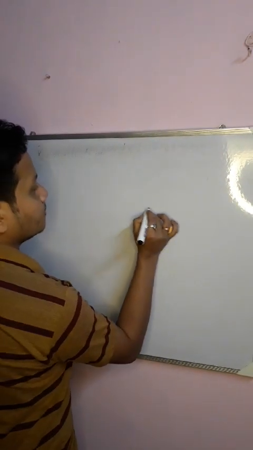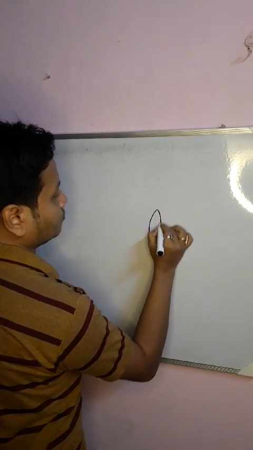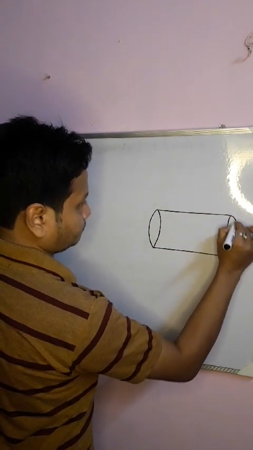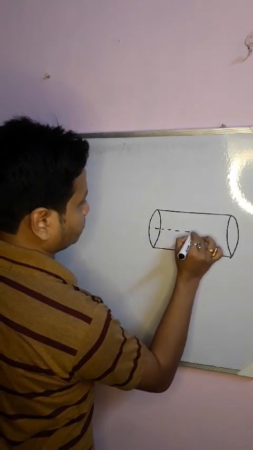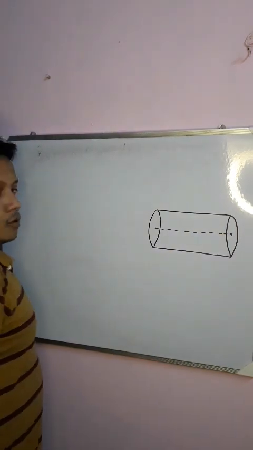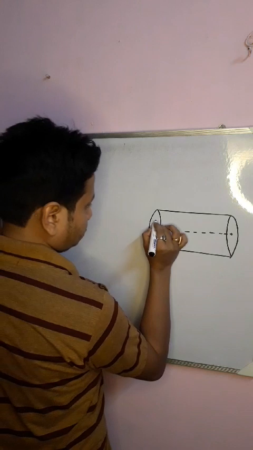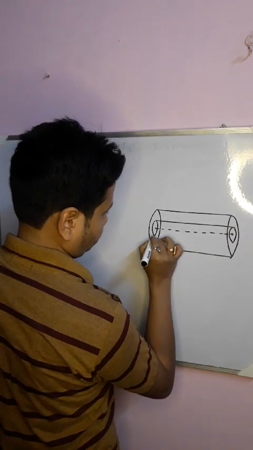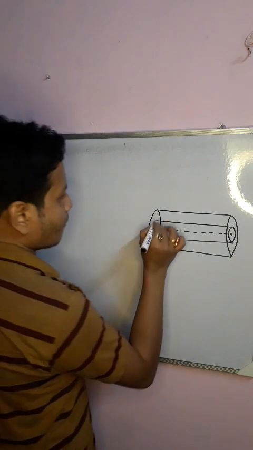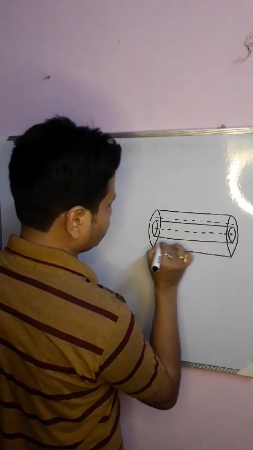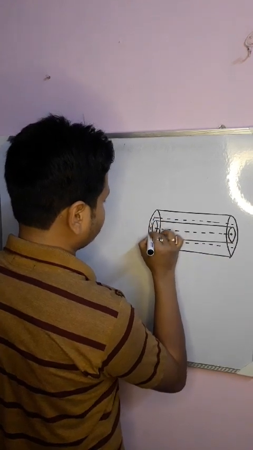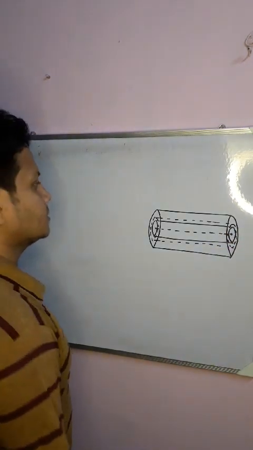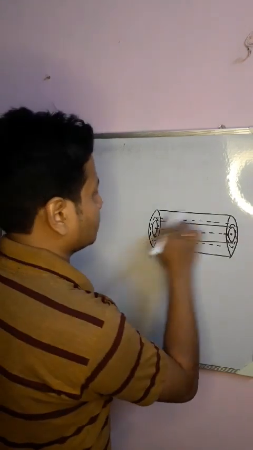Now if we just draw the diagram, here we see that this is a cylinder.